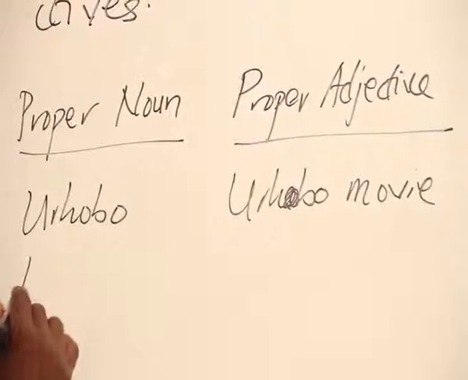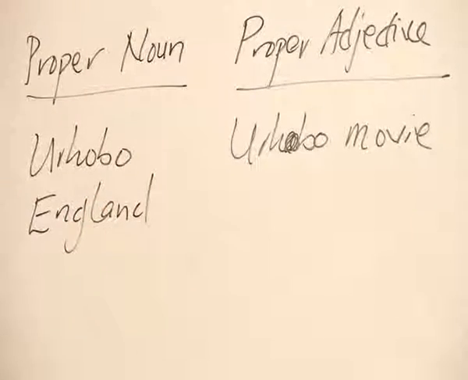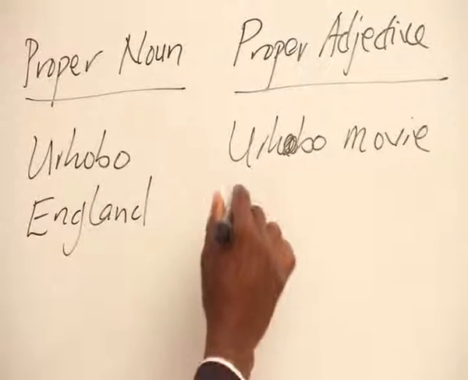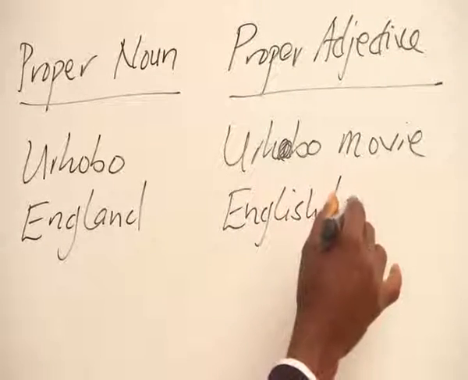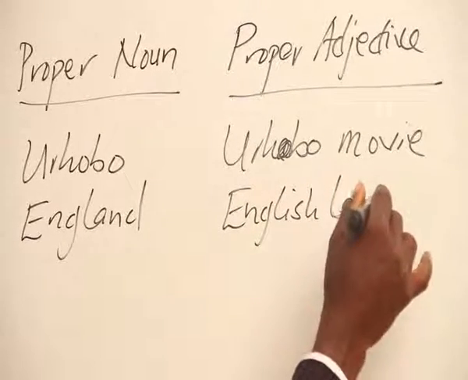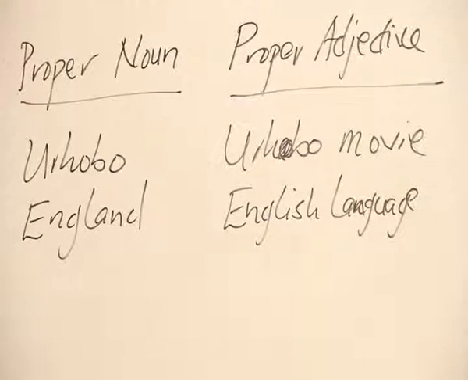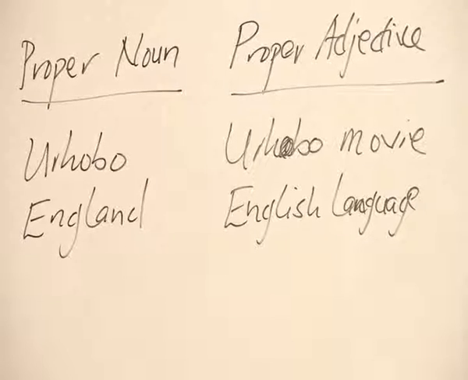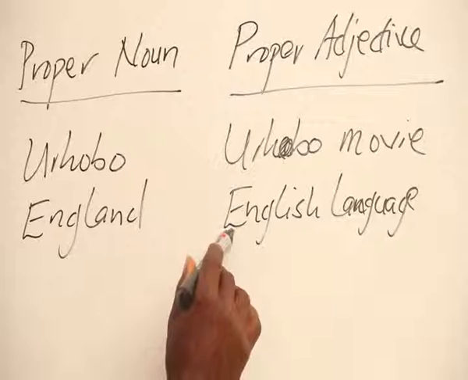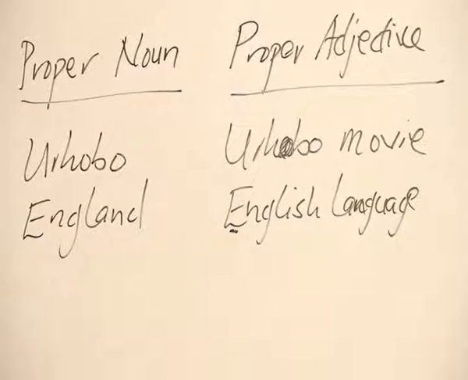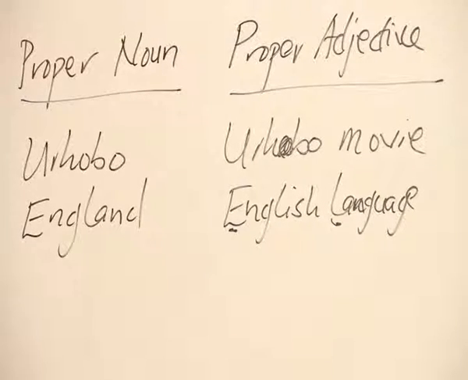Let's take England. Its proper adjective is English. So we can have English language. Now if you watch carefully, under English language, the E in English is a capital letter, but the L beginning the next word is a small l.